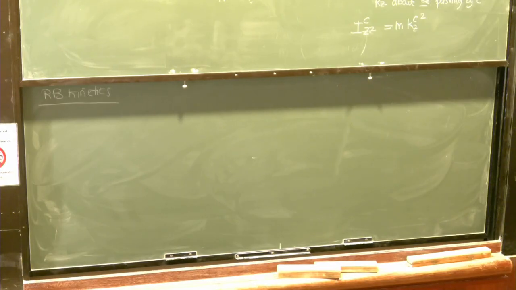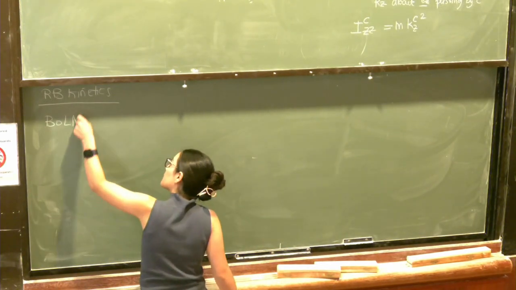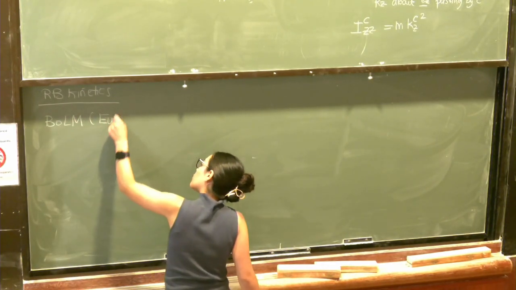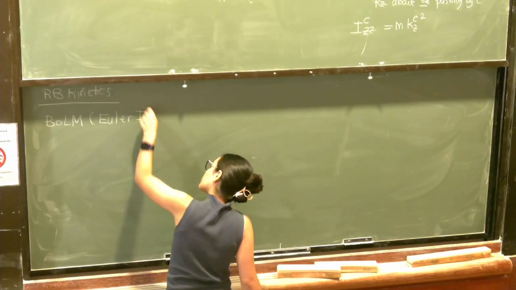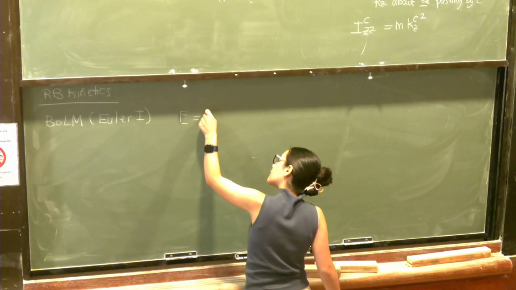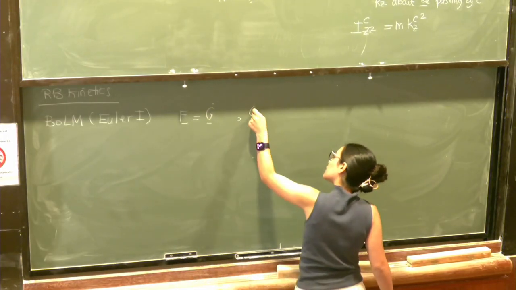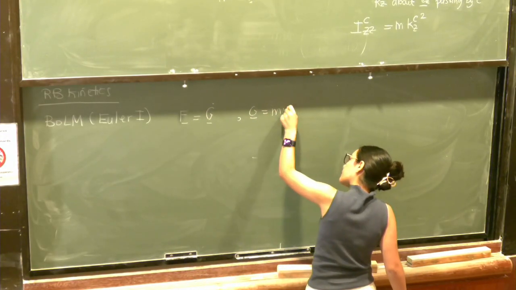So the balance of linear momentum for a rigid body, or Euler's first law, just says that F equals G dot, where G is equal to m v_C.